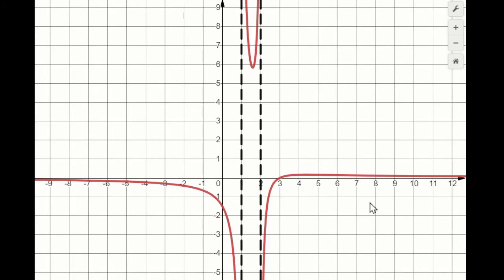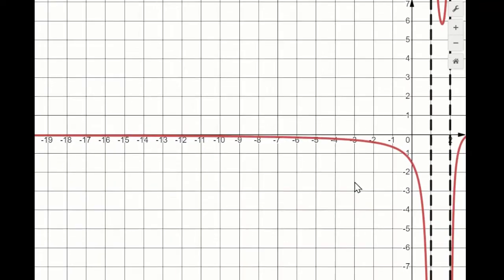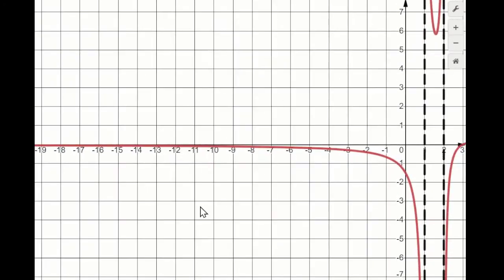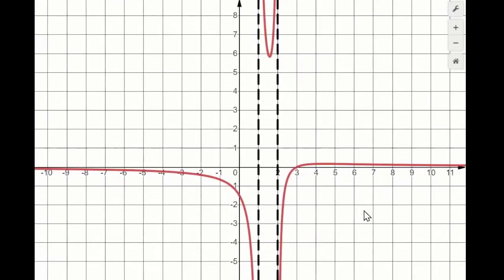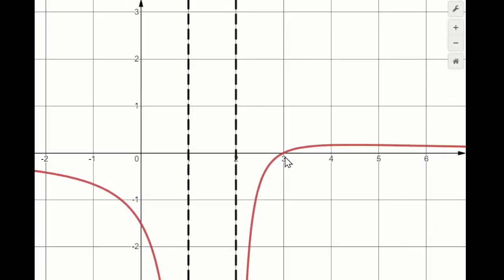And now this time, looking at this graph, giving it a quick sweep left and right, I spotted only one point where the graph crossed through the x-axis, the horizontal intercept, or the horizontal axis.